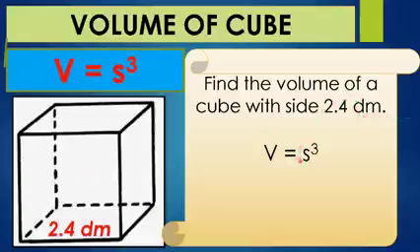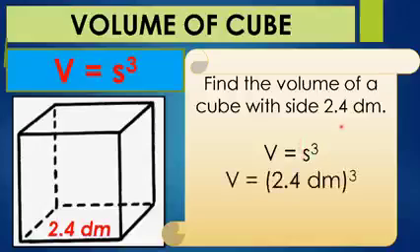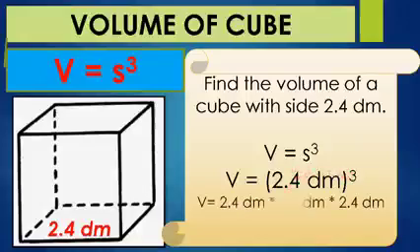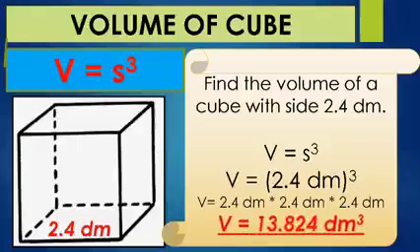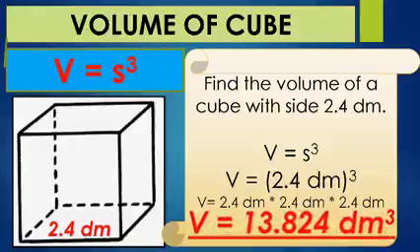So lahat ng S dito becomes 2.4 decimeters. Then operate the exponent po. 2.4 cubed means 2.4 times 2.4 times 2.4. Therefore, the volume of the cube is equal to 13.824 cubic decimeters.